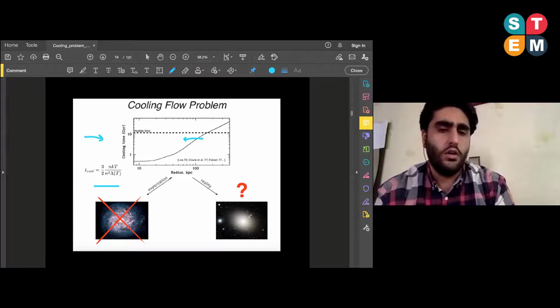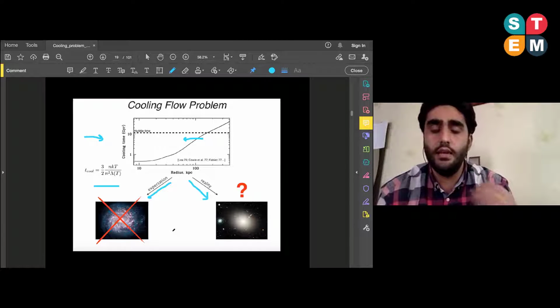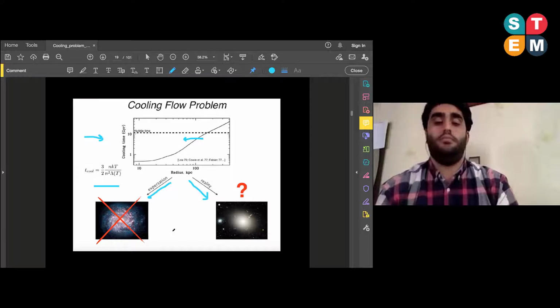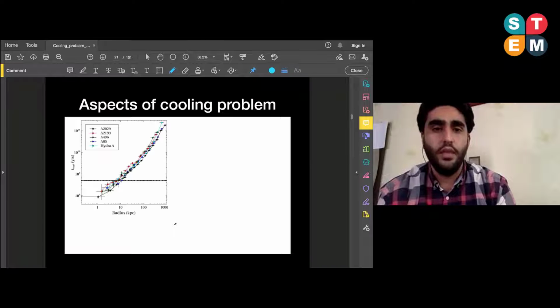Based on our calculation, we expect clusters to be cooled down, and we should see a great deal of molecular gas and cold mass. But surprisingly, what we observe, on the right-hand side, is a cluster with hot gas still emitting X-ray photons, and we should explain this discrepancy.